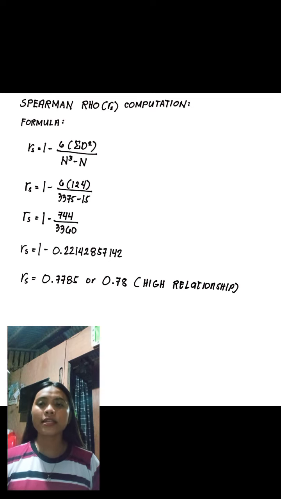Spearman rho is equal to 1 minus 744, since 6 times 124 is equal to 744, over 3,375 minus 15, which is equal to 3,360.